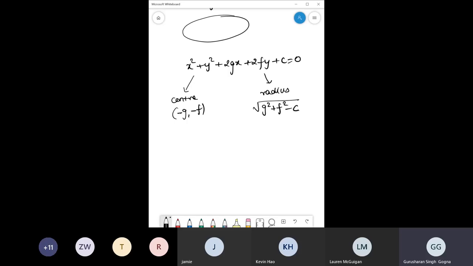So when to use this formula? Basically they will give you the equation of the circle, and then you need to find the center and radius using this formula. Okay, so let's take an example.